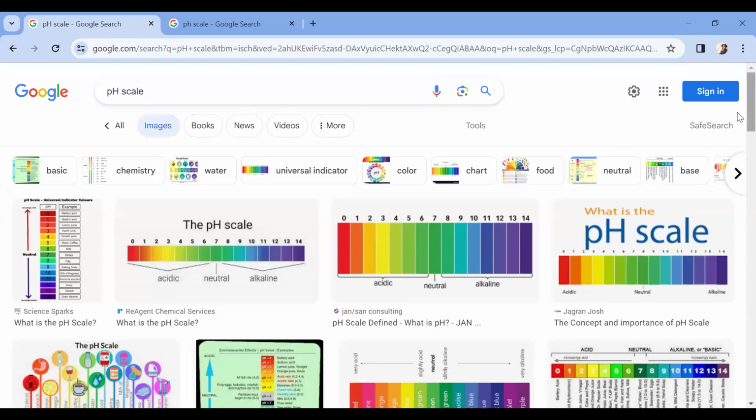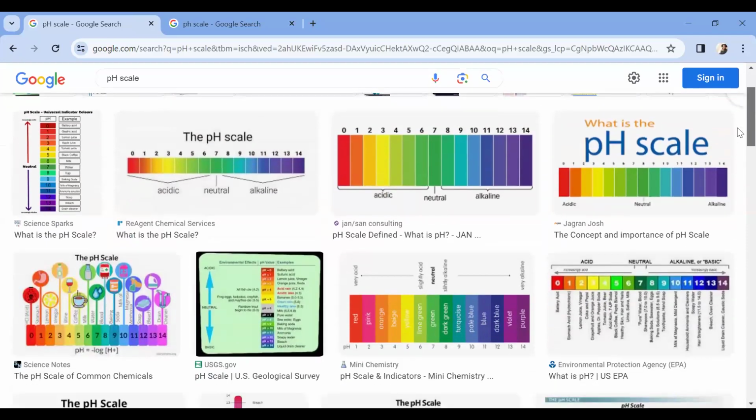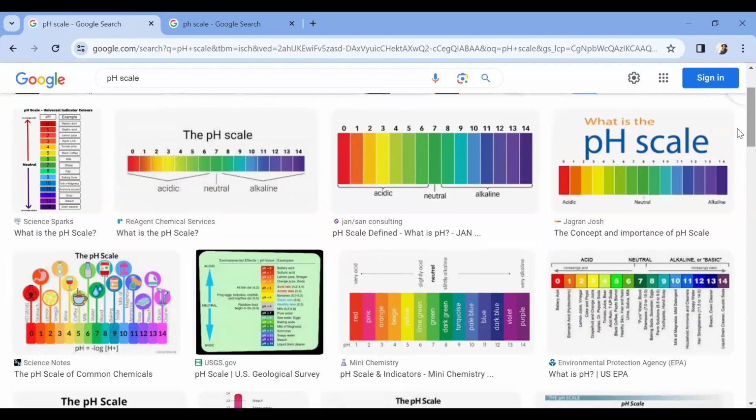So let's look at them very well and note down which colors are in the acidic component and which ones are in the alkaline component. For example, this one is even naming those colors: red, pink, orange, beige, yellow, lime green, green, dark green, turquoise, pale blue, blue, dark blue, violet, and then purple.